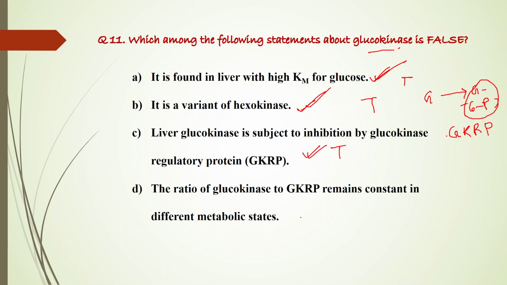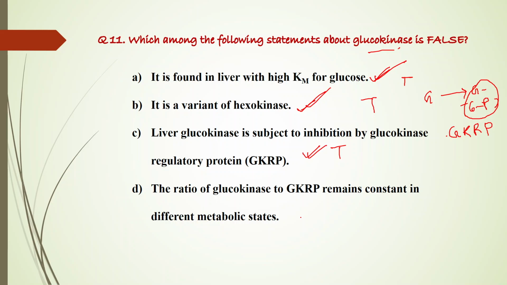Now let us look at the fourth one. It says the ratio of glucokinase to glucokinase regulatory protein, or GKRP, remains constant in different metabolic states. So what will happen if the ratio of glucokinase to GKRP remains constant? Basically it is regulating your glycolysis of glucose. But at different metabolic states, you will not have the same concentration of glucose in your liver.